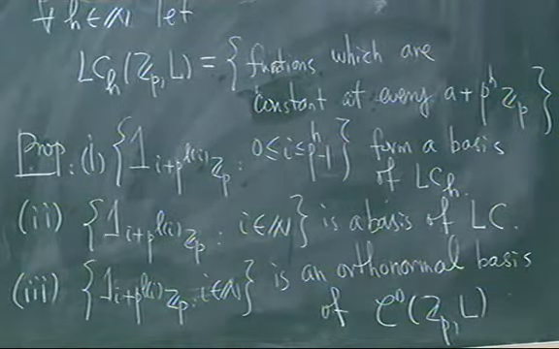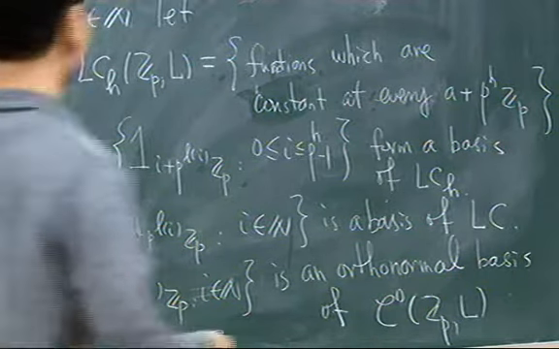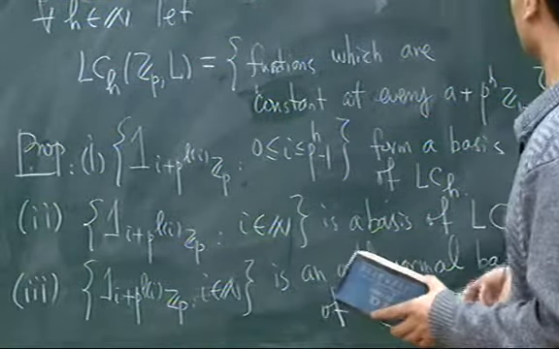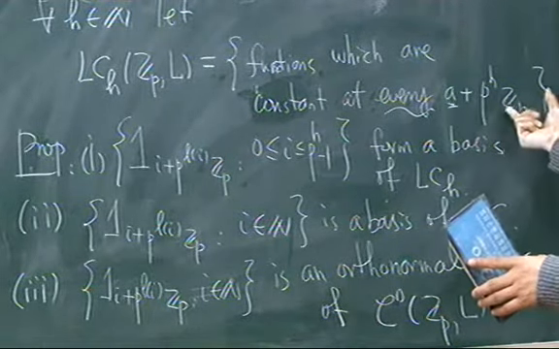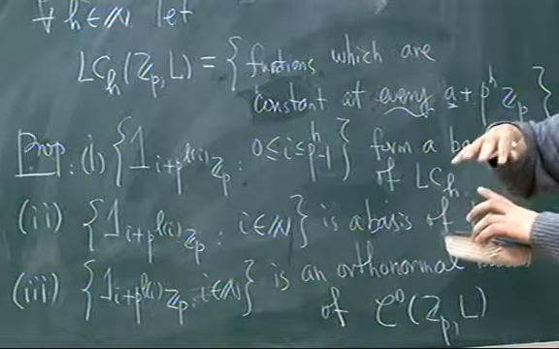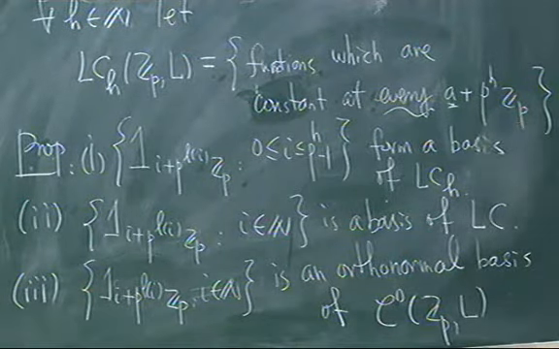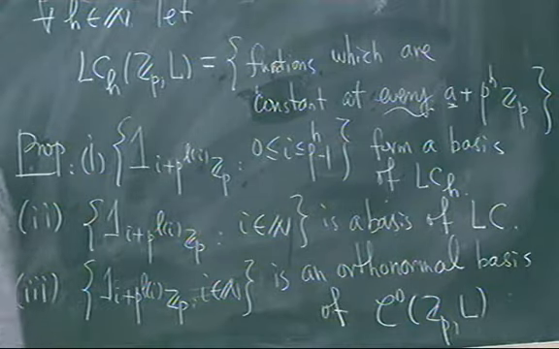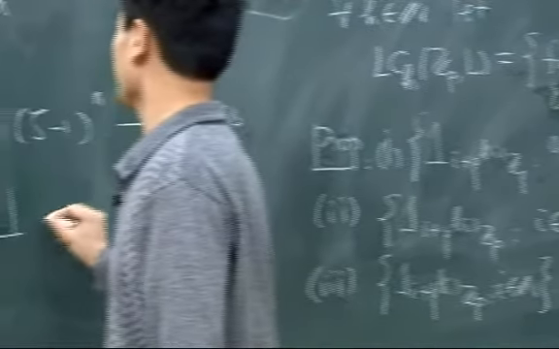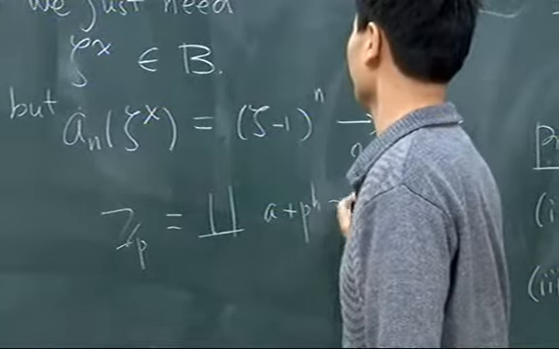Excuse me, the definition of LC sub h. What is a? It's every a, so every coset. Is a a point? Oh no, so you have Z_p, and you can get a plus p to the h Z_p.